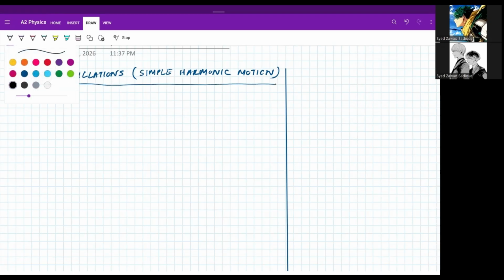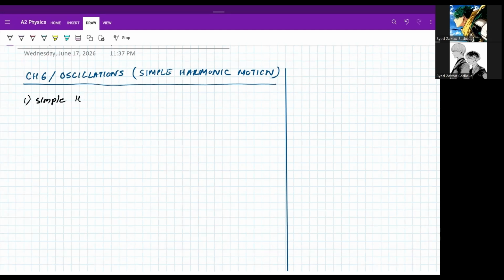Number one is, of course, simple harmonic motion.